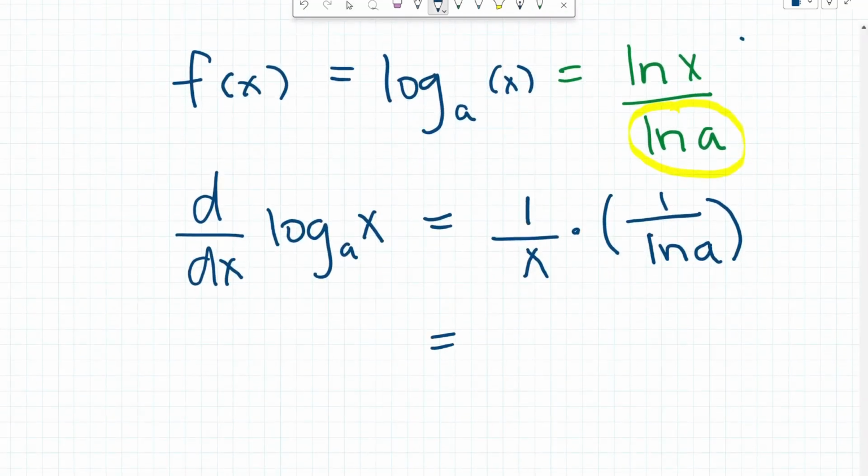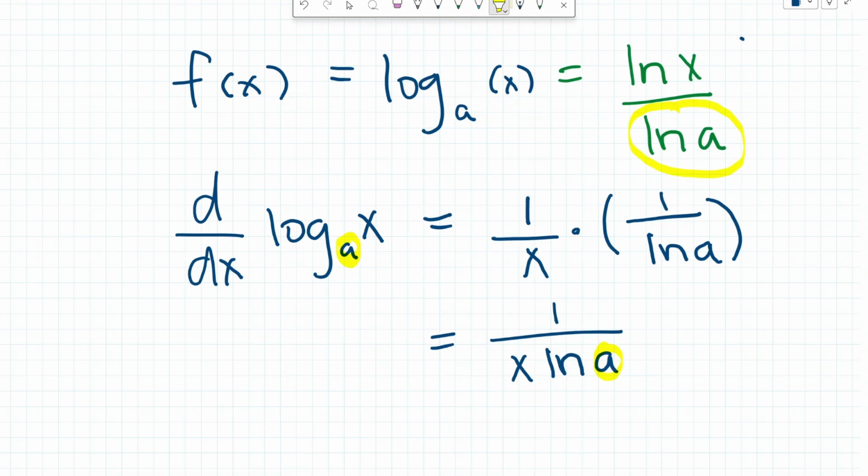The derivative of a log with some arbitrary base simply equals 1 over x multiplied by ln a, where this a is whatever the corresponding arbitrary base of your log function is. You can go ahead and just memorize this formula, or you can go back and follow how we derived it so that you have a deeper understanding of how we got to this answer.